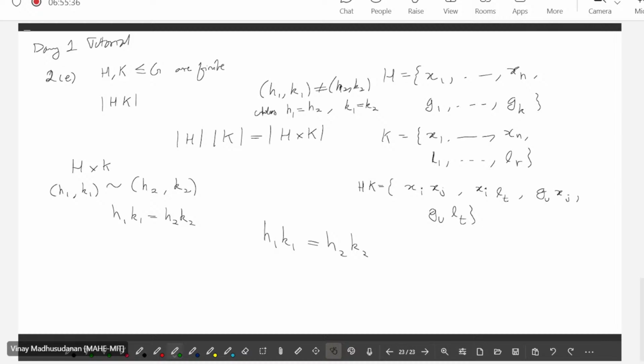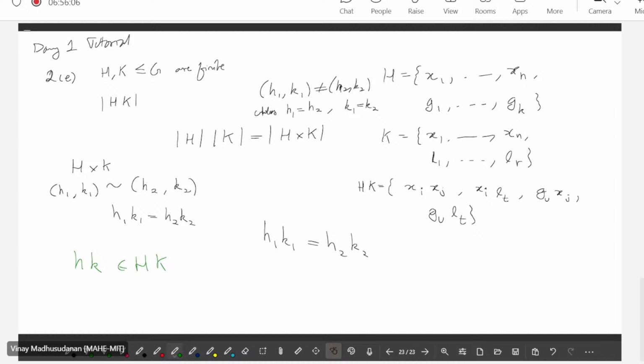The classes, right? In HK, we are trying to count the distinct elements, but those distinct elements means you want to count how many H1 comma K1 are there. You want to count elements of the form HK in HK, but without repetition.